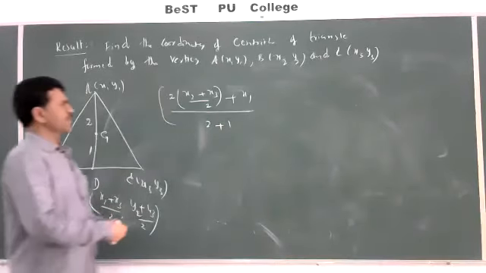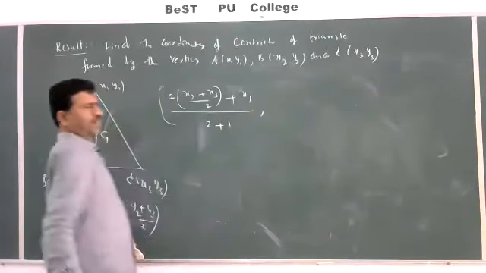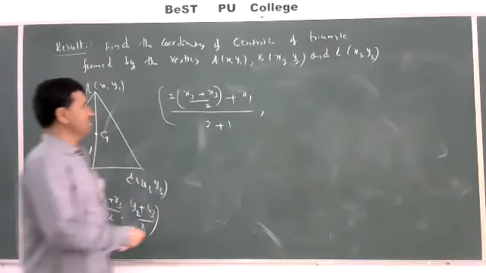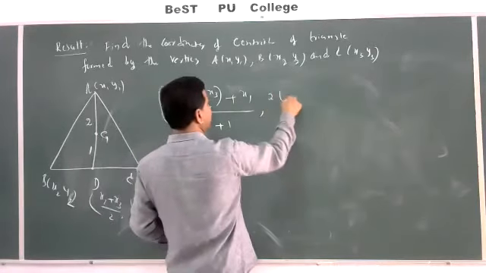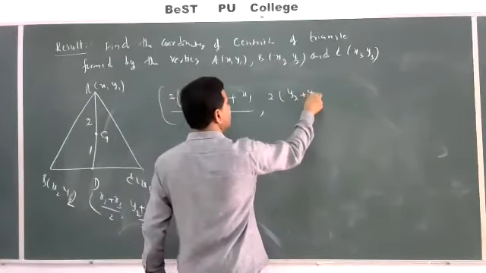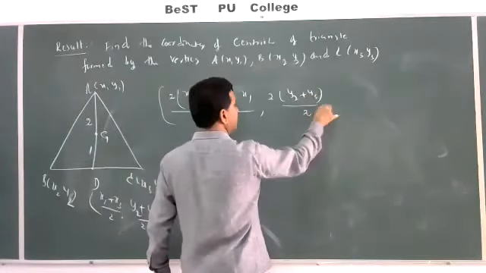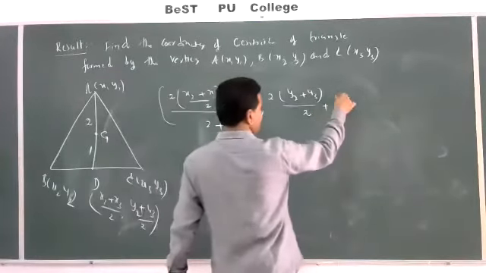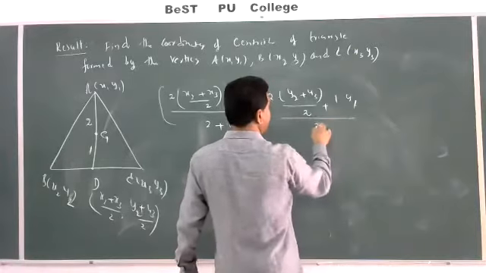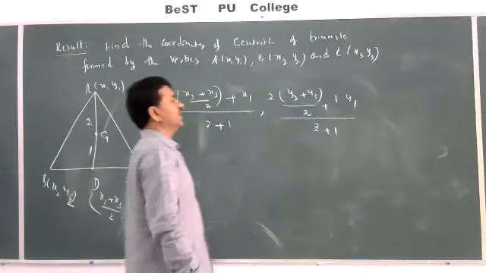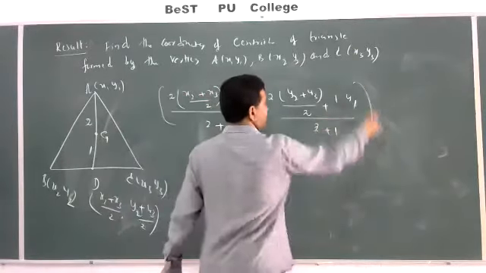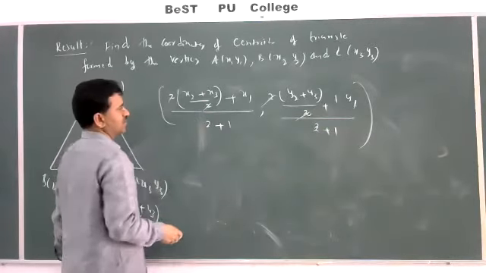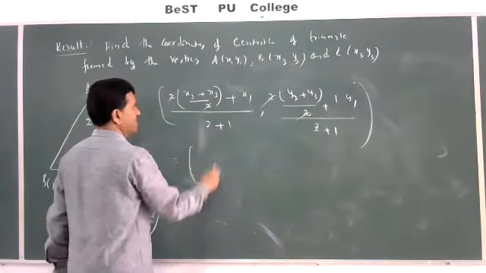Don't write anything, just listen to me. Next, the y-coordinate: 2 into (y2 plus y3) by 2, plus 1 into y1, divided by m plus n, which is 2 plus 1. The 2 cancels here. See the answer here.